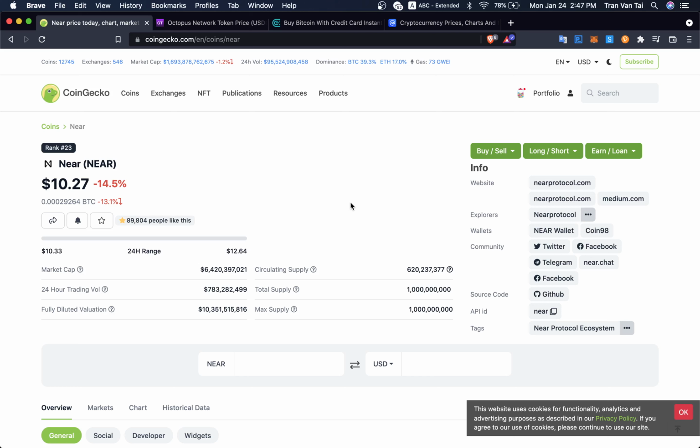And finally, in my opinion, I like to use CoinMarketCap more than CoinGecko because the interface is more intuitive than CoinGecko. But CoinGecko is also another option for us.